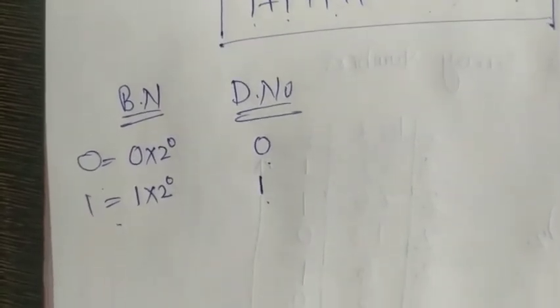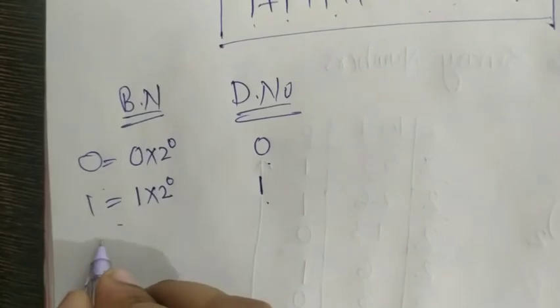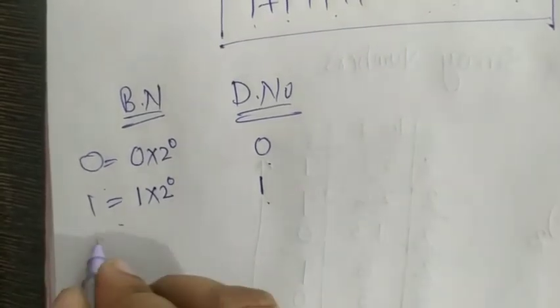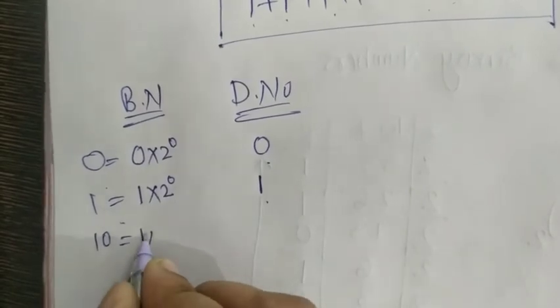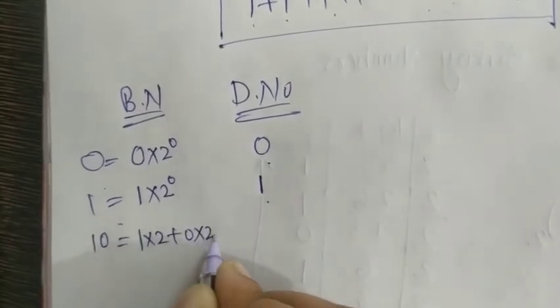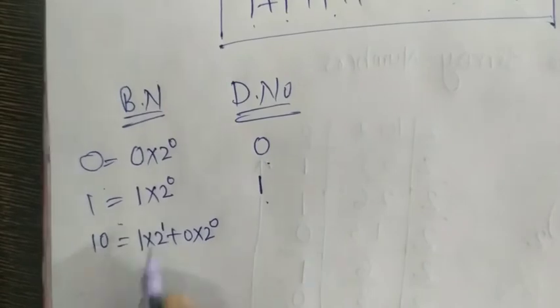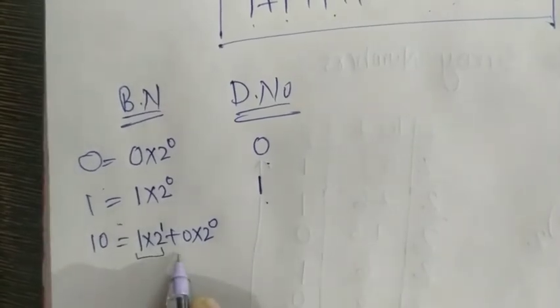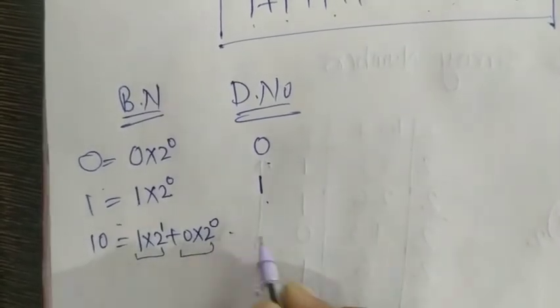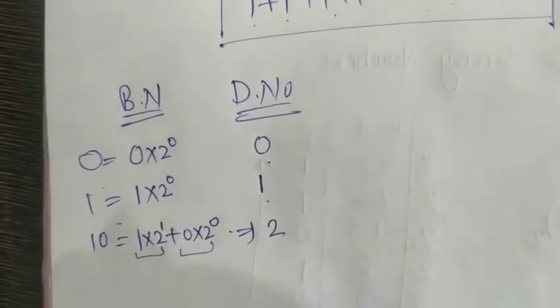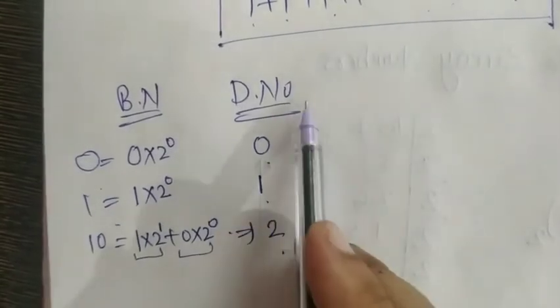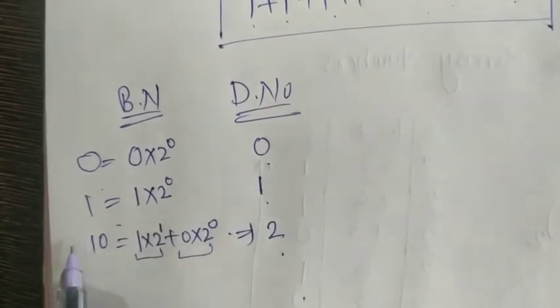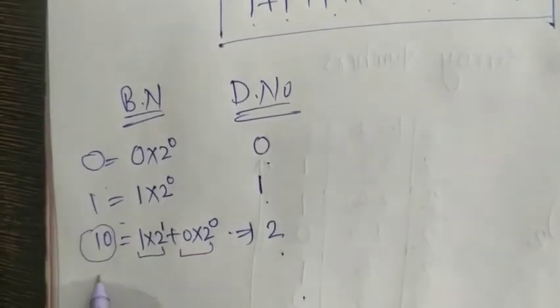But when I am talking about 10, this 10 means 1 into 2 raised to power 1 plus 0 into 2 raised to power 0. It means this is 2 plus 0, and in decimal it is 2. It means when I write 2 in decimal format, in the binary number system it is 10.